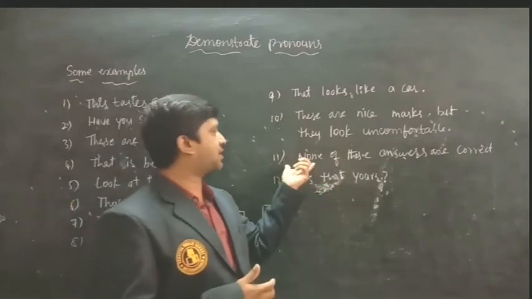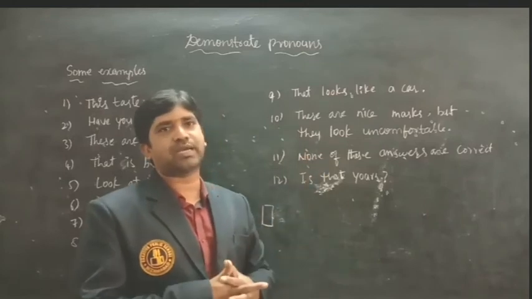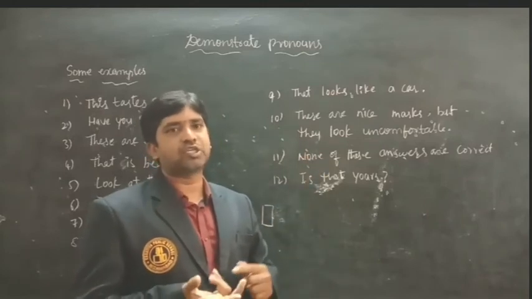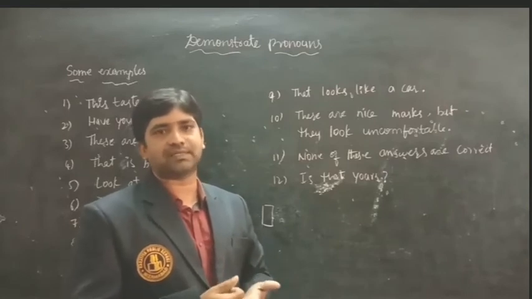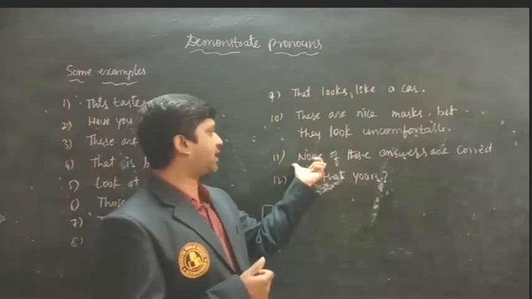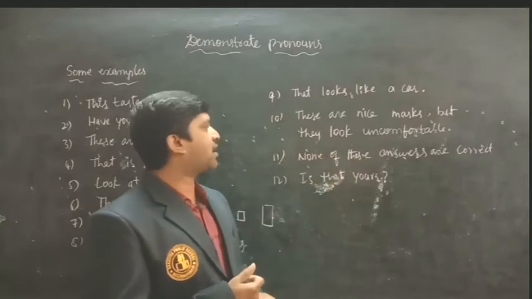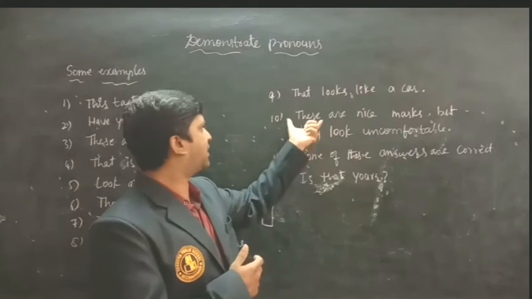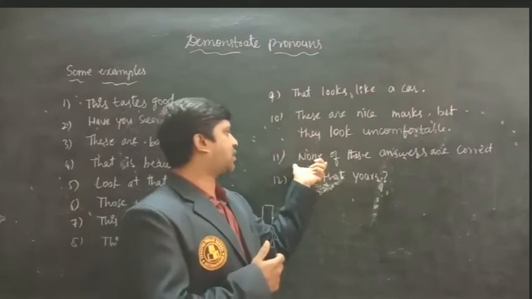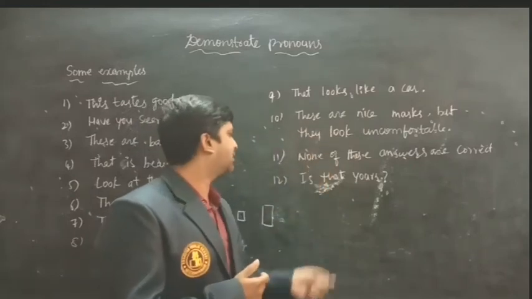This type of option we are seeing in choose-the-correct-answer questions. They are giving choices A, B, C and the last one is D. Shortly they are writing none, otherwise none of these answers are correct. In place of these, that, those, it is possible to use none.